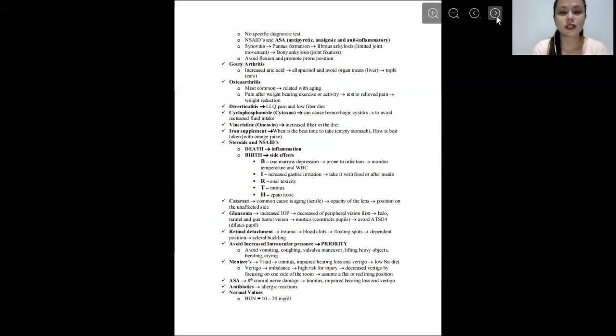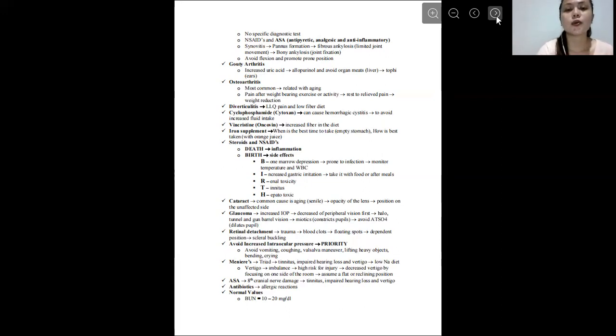Next is osteoarthritis. This is the most common type, related with aging, seen in elderly people or adults. There is pain after weight bearing exercise or activity. The pain occurs if their body weight increases or with exercise.